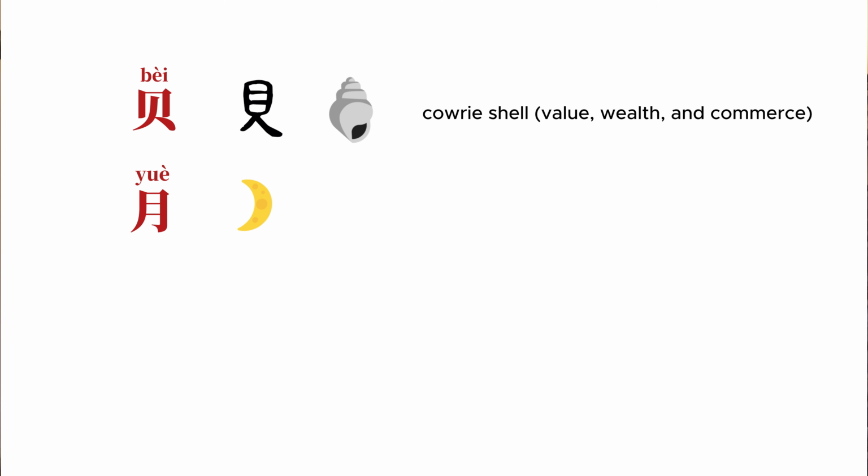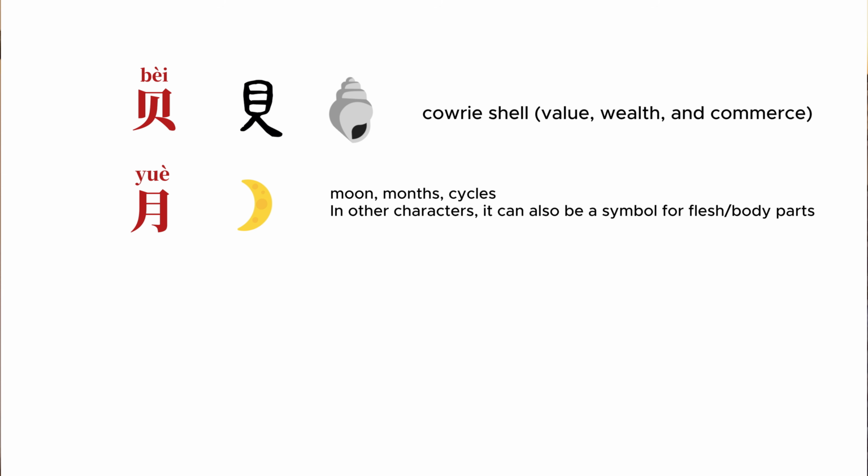Yue, it means moon and also refers to months and circles. In other characters, it can also be a symbol for flesh or body parts. Now, Hong, it is made up of 2 Yue characters side by side, but here, the 2 moons were originally used to represent 2 matching pieces of cowrie shells.